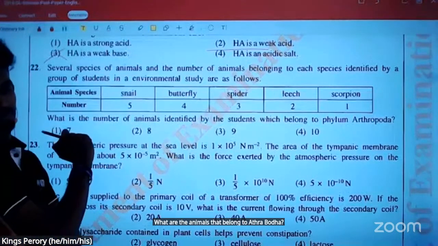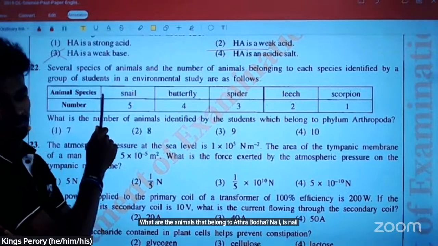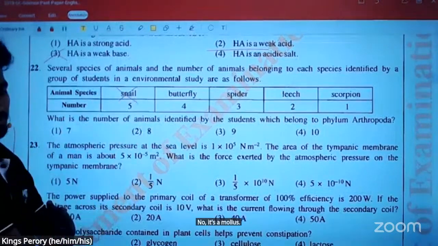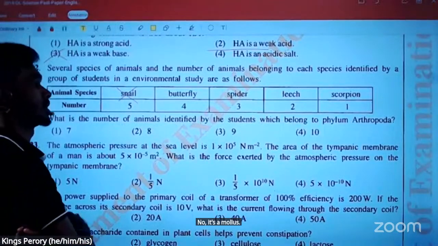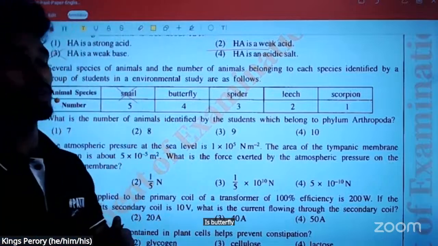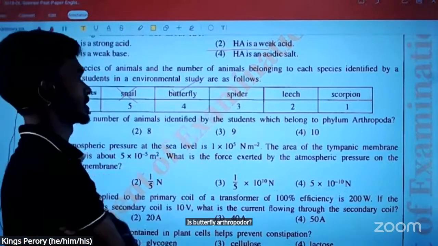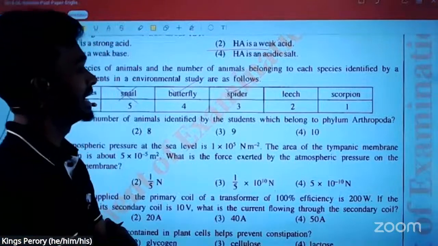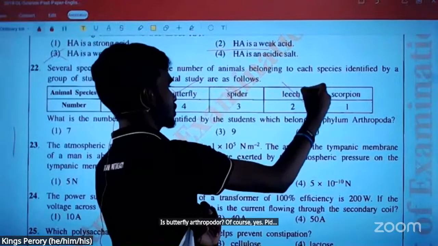Snail. Is snail an arthropod? No. It's a mollusk, Mollusca. Butterfly. Is butterfly an arthropod? Of course, yes. Spider, yes. Leech. Leech belongs to Annelida.